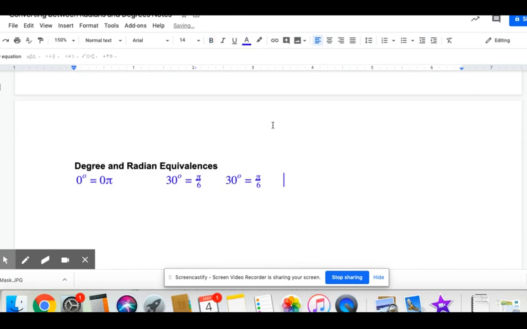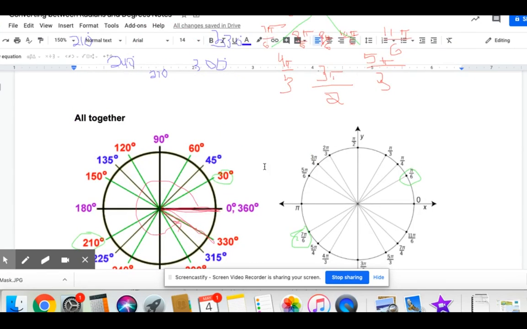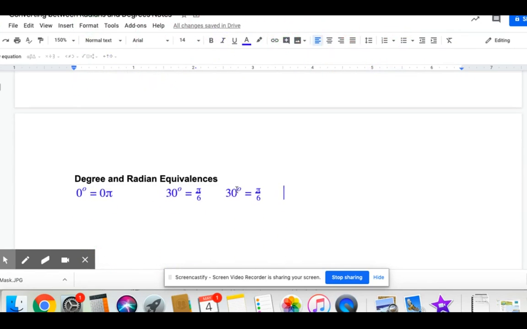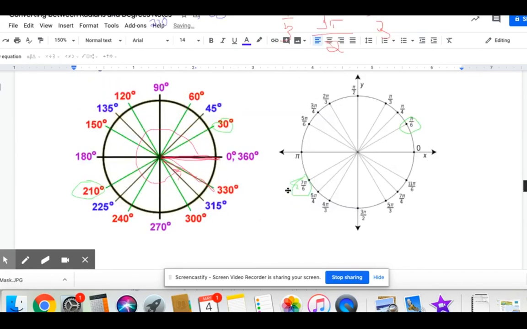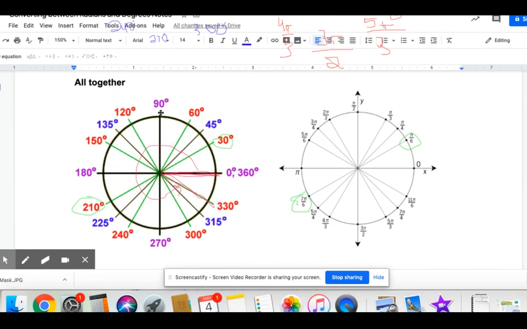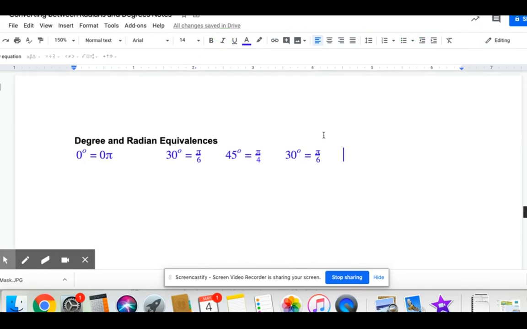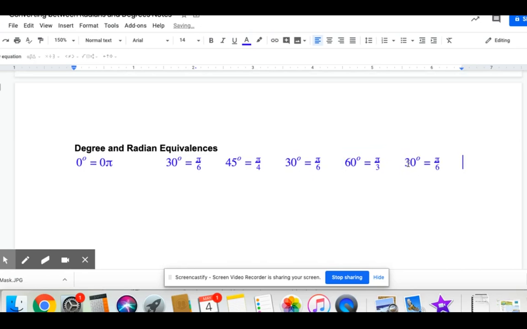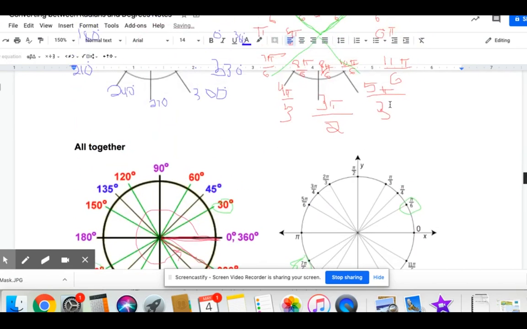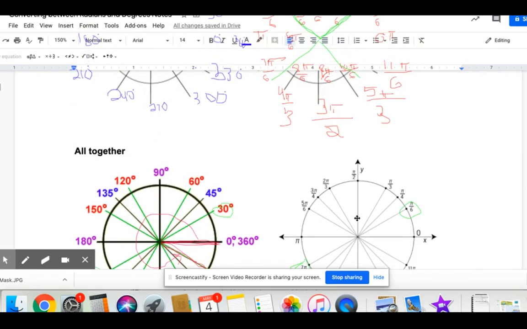The next one, that the pi over 4 was 45. So 45 is a pi over 4. Next, pi over 3 is 60. Next, pi over 2 is a 90.